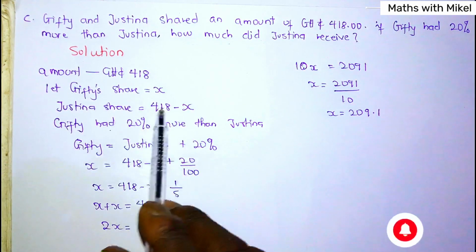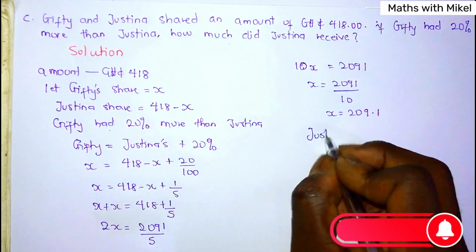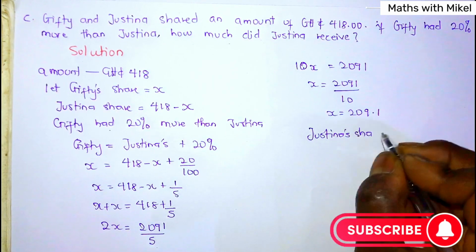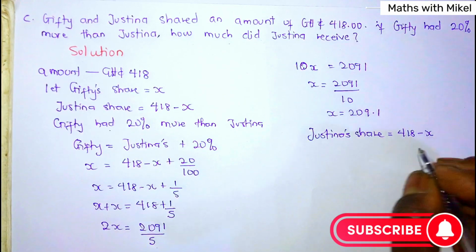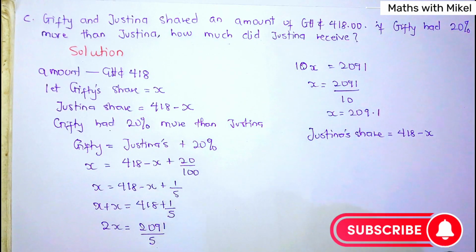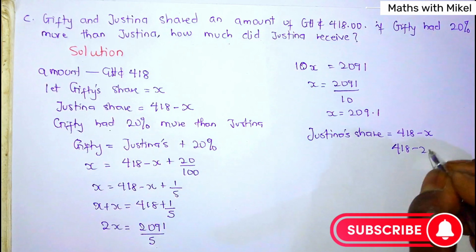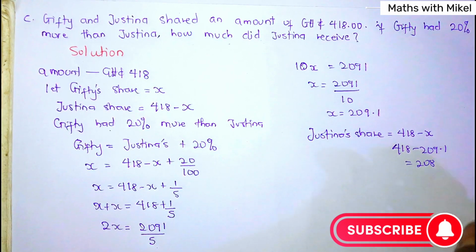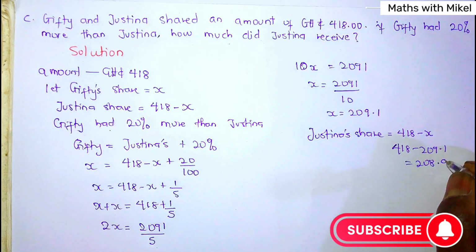So Justina's share is equal to 418 minus x. So x is 209.1. It gives us 208.9.